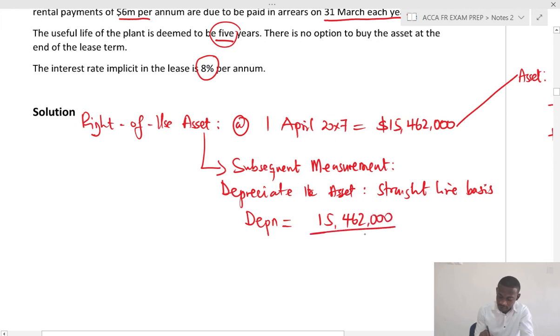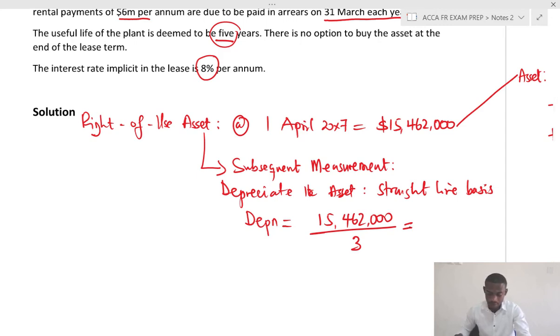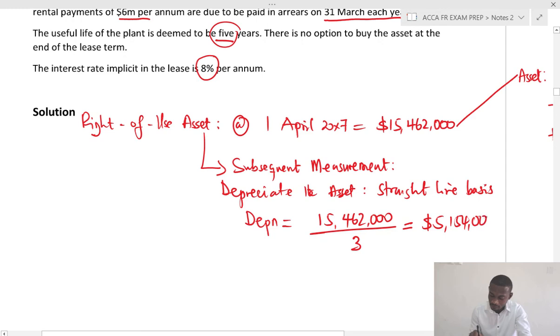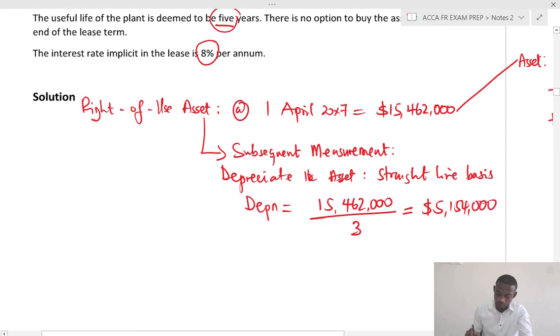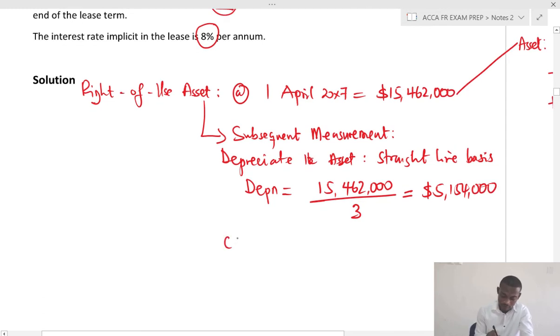So the depreciation will be equal to 15,462,000 divided by 3. So let's check this. 15,462 divided by 3 should be 5,154,000. So the carrying amount at the year end should be equal to 15,462 less the depreciation.